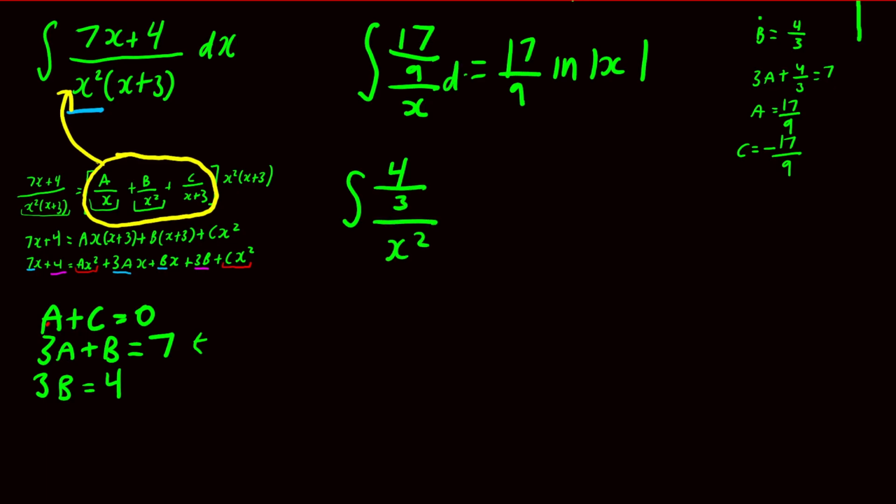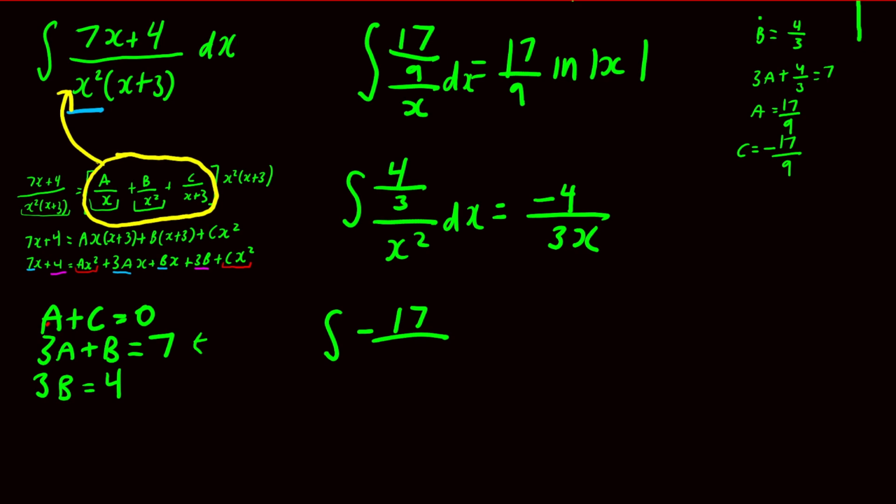Oops, I forgot the dx, which is going to be negative 4 thirds x on the bottom. And now, last one, negative 17 over... I'm not going through these integrals step by step. I'm sure you guys know how to do them. If you don't, I have a bunch of videos on my channel.